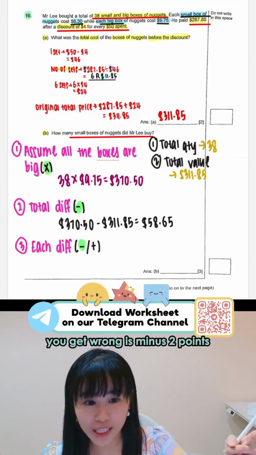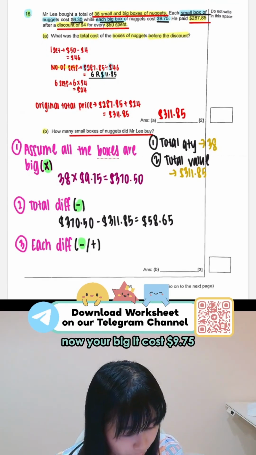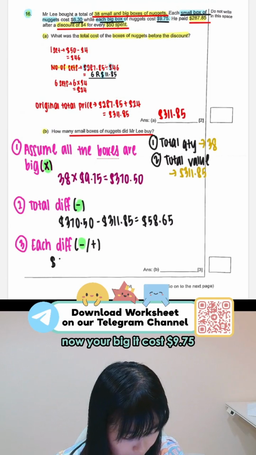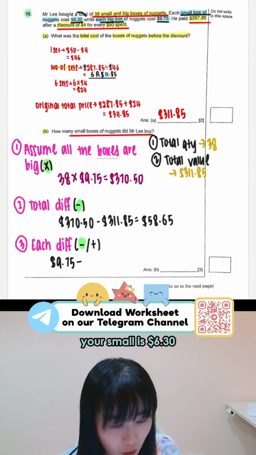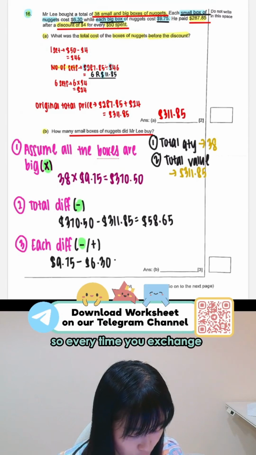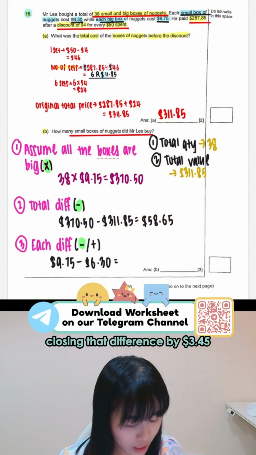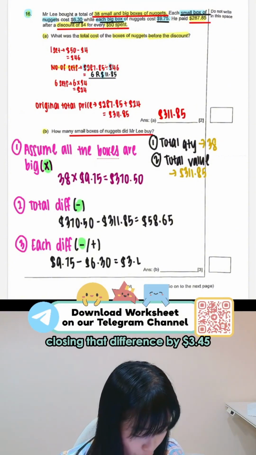If you get it wrong, it's minus 2 points. You need to take 3 plus 2, totally 5. Now, your big costs 9.75. Your small is 6.30. So every time you exchange a big with a small, you are closing that difference by 3.45.